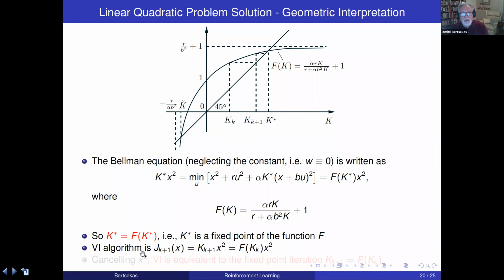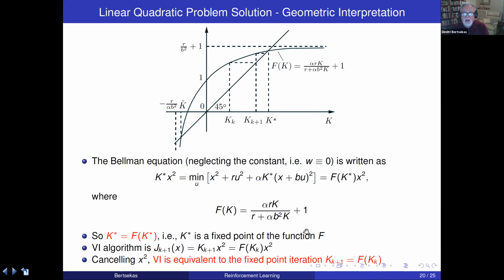Moreover, the value iteration algorithm is given by this formula here, which also involves this f function. So if we cancel x star, then the value iteration algorithm is equivalent to a fixed point iteration that iterates not on functions, but rather on coefficients. Now let's try to visualize that.